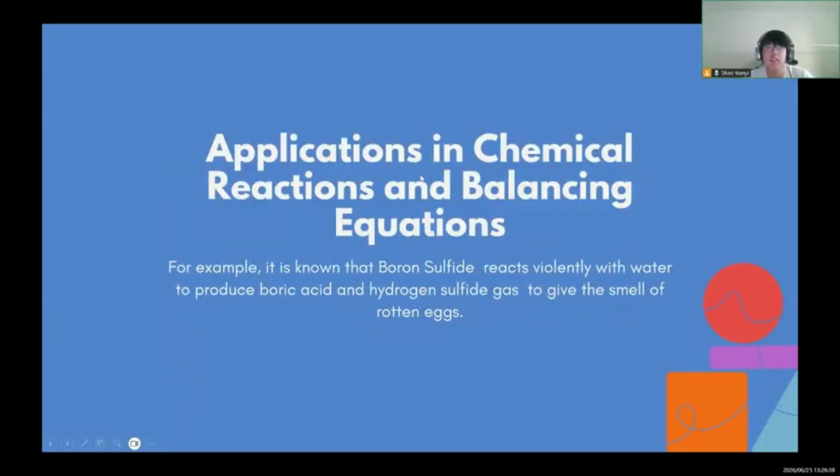The second example is about applications in chemical reactions and balancing equations. Boron sulfide reacts violently with water to produce boric acid and hydrogen sulfide gas, which gives the smell of rotten eggs.